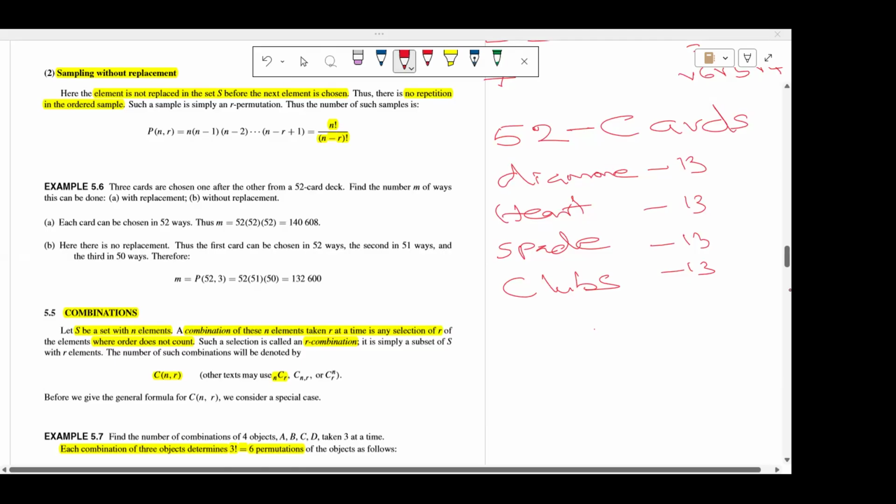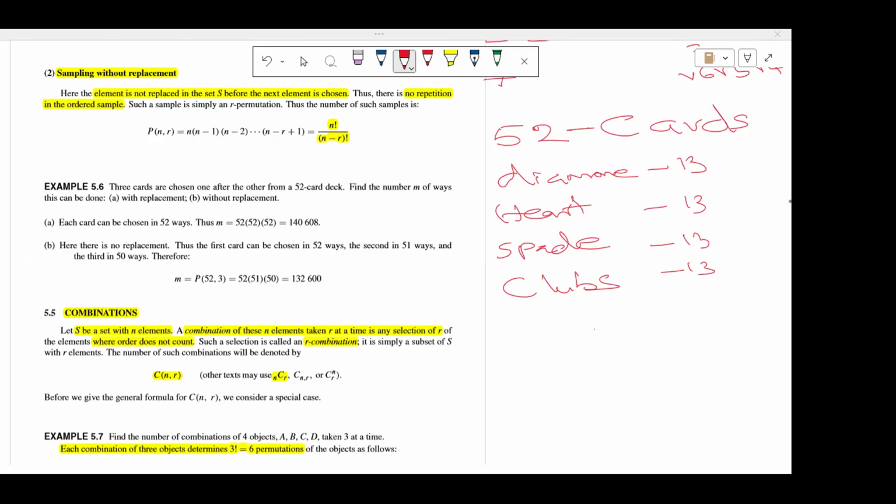So you know we have a card deck, and each type has 13 cards, with four different shapes. The question is, three cards are taken. Think of a box where we shuffle all 52 cards.